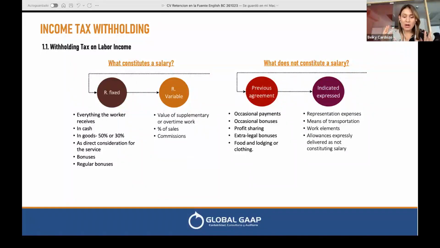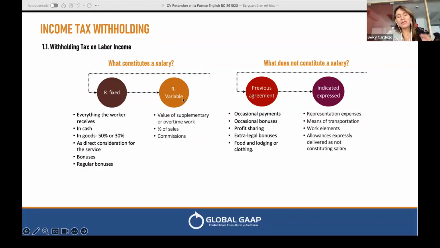The same with salaries that are above the minimum wage. You can agree with the employee to pay that 50% with woods or in another way. And then the company doesn't have to contribute to the whole Social Security. But all of this needs to be documented, and it needs to be informed and reported to the employee. All the bonuses and regular bonuses are part of the salary.